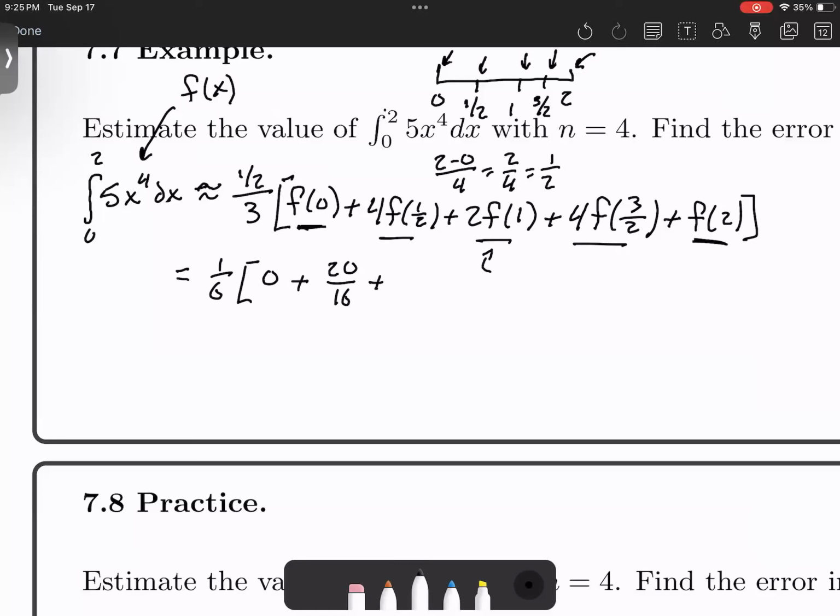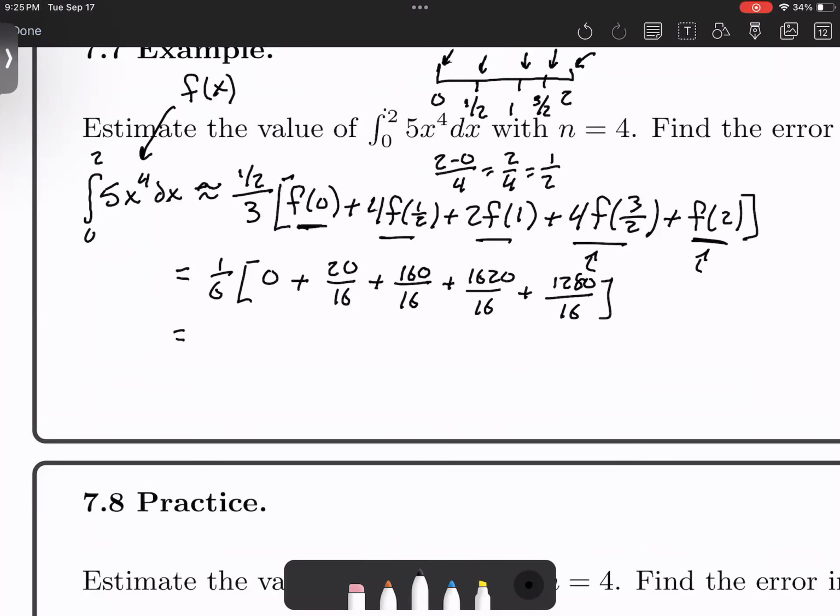If I plug 1 in and multiply by 2, I have 160/16. Going ahead and getting a common denominator here. Plugging in 3/2 into the function and multiplying by 4, we have 1620/16. And finally, plugging in 2 into our function, we have 1280/16.